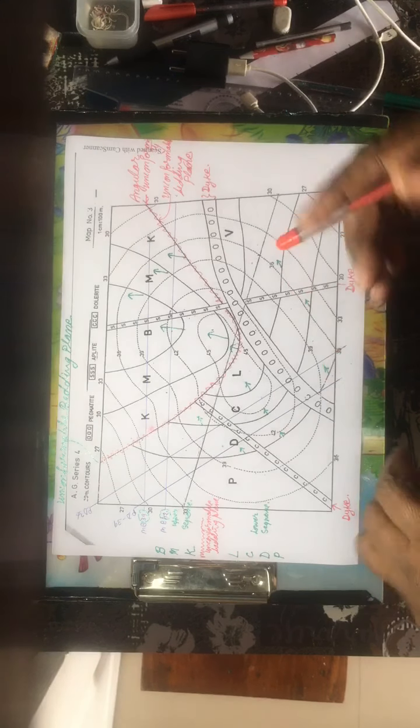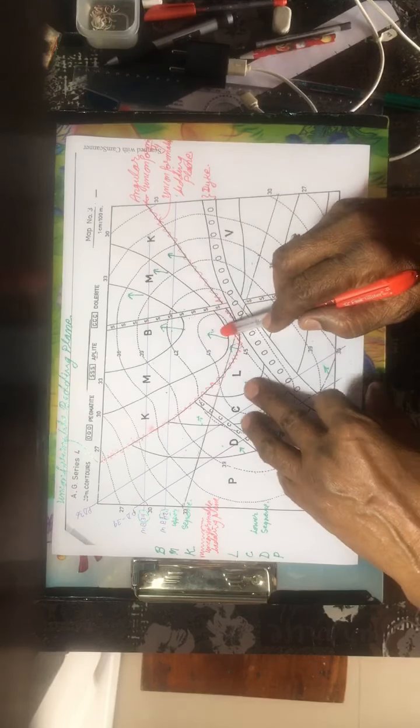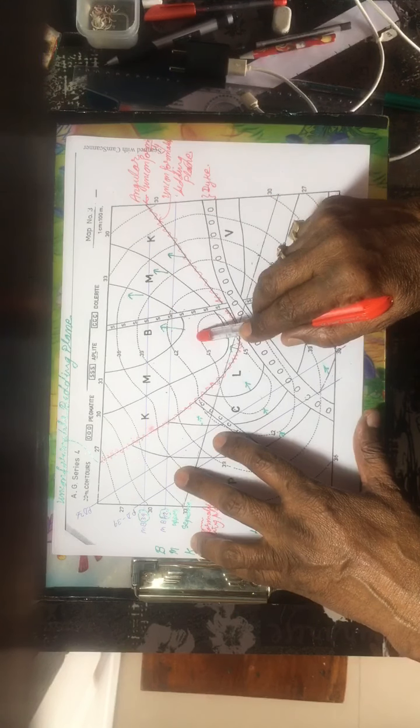So there are 3 beds. First we have to find out the structure of the area. With the help of strike lines, I have drawn the 2 strike lines, MB42 and MB39, indicating the direction of dip, which I have demarcated with the help of the arrow.